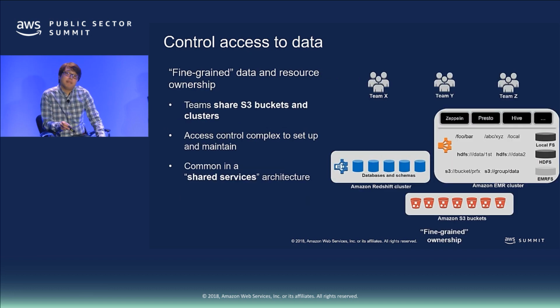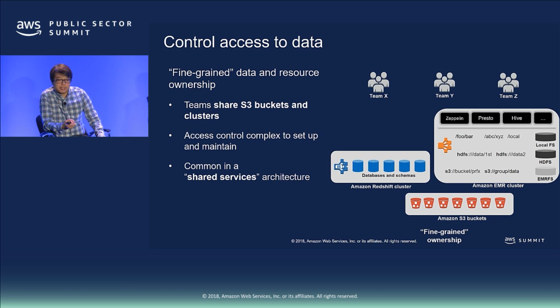So there are a couple ways you can do that. Fine-grained data and resource ownership is really what it all boils down to, where you have teams that share S3 buckets and clusters. But the issue with this approach is that it's actually quite complex to maintain any sort of access control in a manageable way.